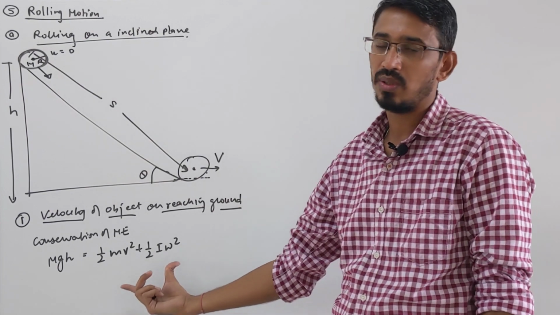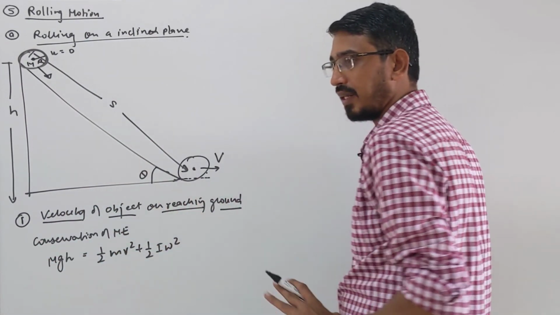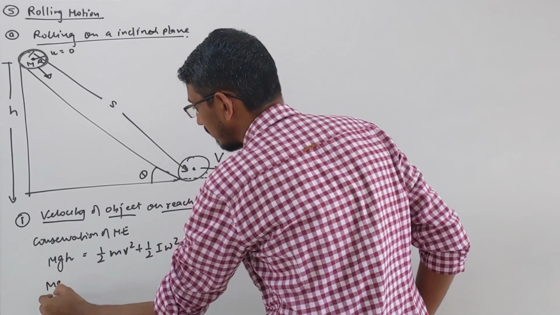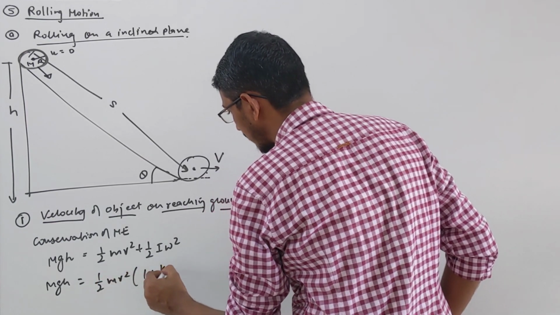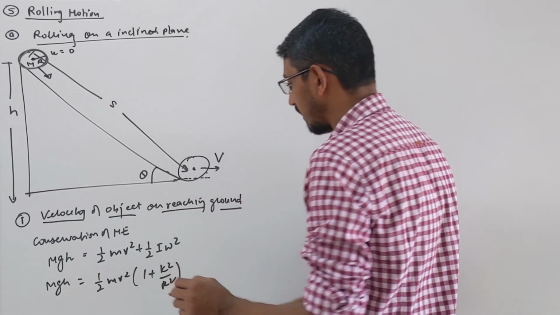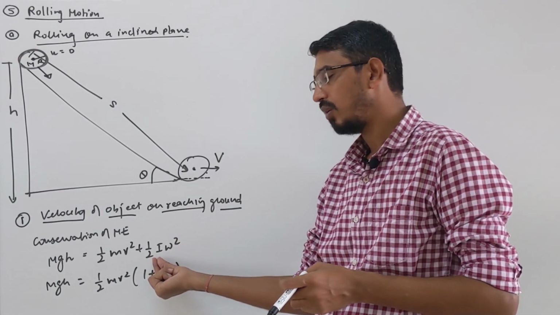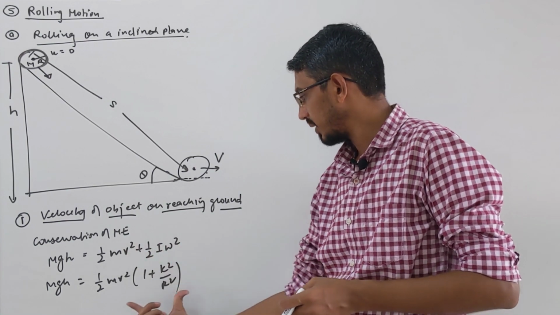Both are there, it's called rolling kinetic energy. So potential energy is simply converted into rolling kinetic energy. Again we know this formula you can write by taking half mv square common, then it becomes 1 plus k square by r square. Hope you understand how that comes. You just have to put the value of inertia and the omega value. I already told you it comes that way.